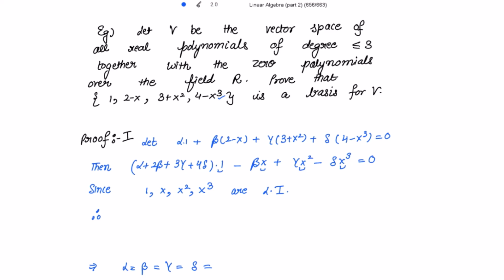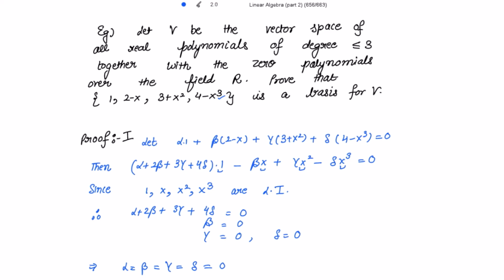Of course. Now because these are linearly independent, all the scalars are 0. Their coefficients are 0. So which means alpha plus 2 beta plus 3 gamma plus 4 delta is equal to 0. And here beta is also 0 and gamma is also 0 and delta is also equal to 0. Now if beta, gamma, delta is 0, then alpha is also 0, which means all the scalars are coming out to be 0, and these are nothing but the coefficients of 1, 2 minus x, 3 plus x square, 4 minus x cube.